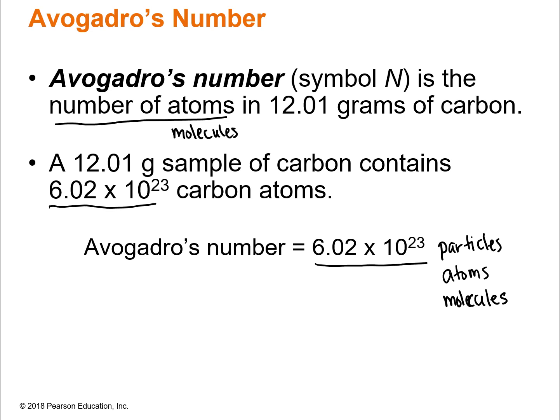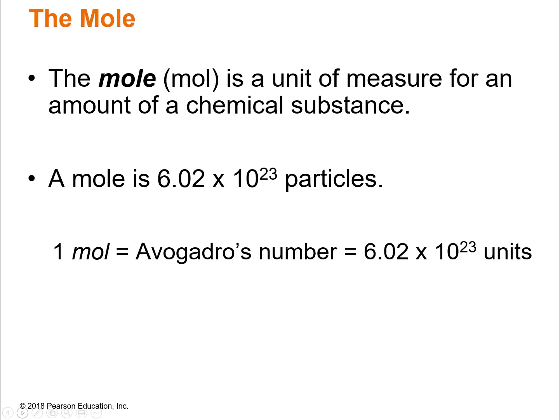So that is what Avogadro's number is based on. The mole is based on Avogadro's number. So we use it as a unit of measure for an amount of a chemical substance. So like I said, 1 mole is equal to Avogadro's number, which is equal to 6.02 times 10 to the 23rd units.